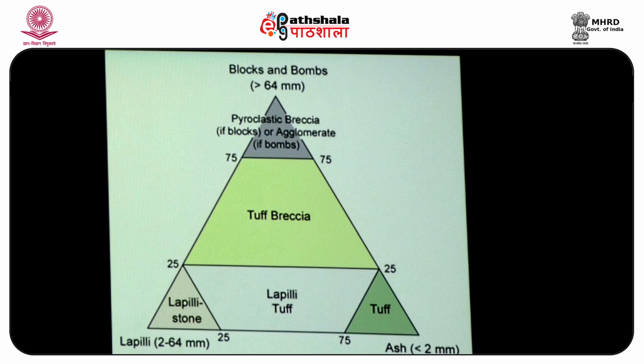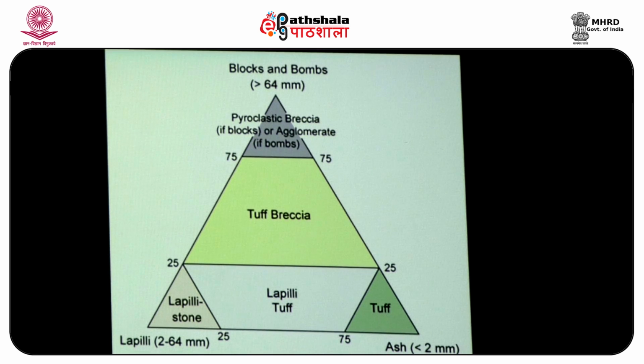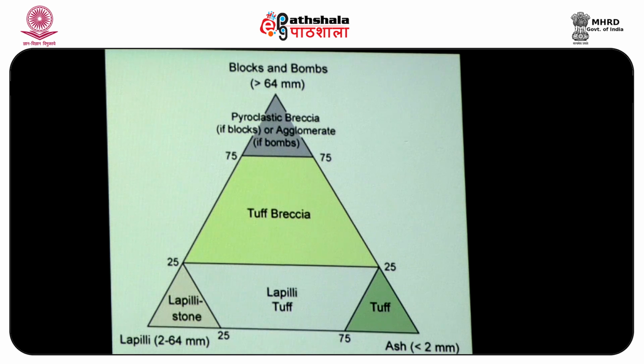Now, you see here this is another classification which is for volcanic rocks. It is extrusive rocks, it comes on the surface, but it also brings lots of breccia, lots of agglomerates, like blocks and bombs.